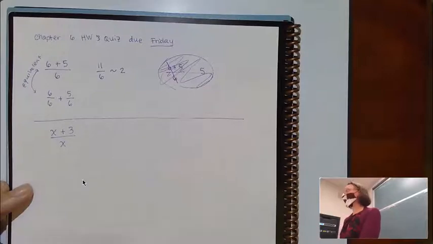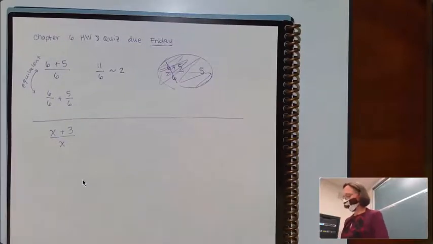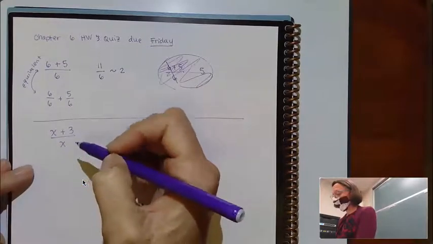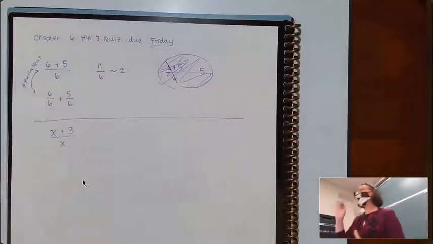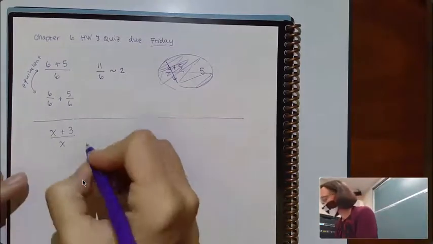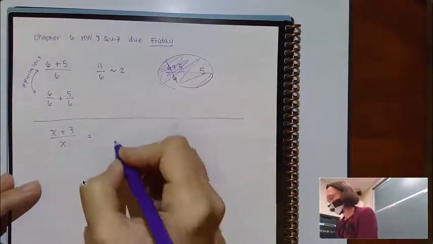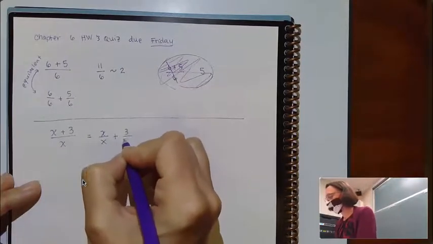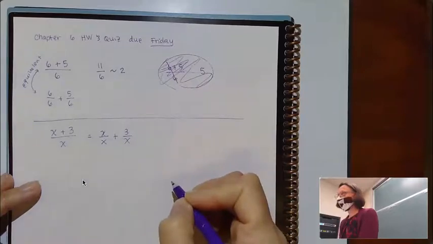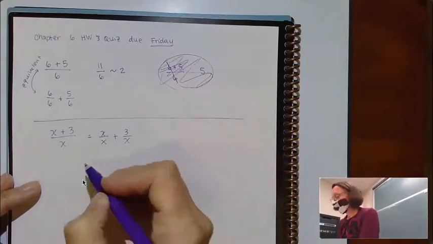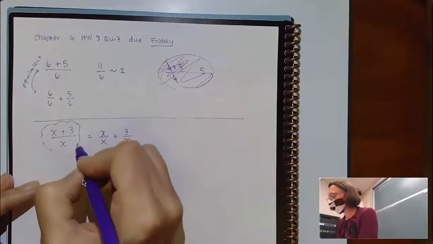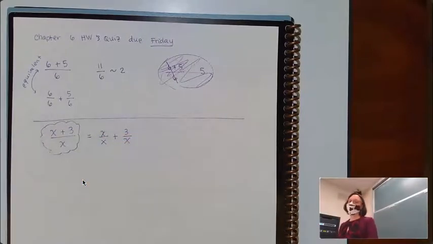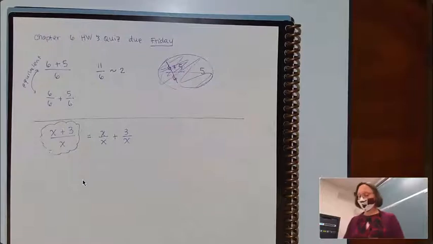If you really wanted to rewrite it in some way, we could look at that X on the bottom and say, this sort of came from getting a common denominator between two things that maybe look like X/X plus 3/X. That would be fine. But this, there just isn't a lot we can do with it. We're gonna leave it alone for the same reason that I can't cancel that 6 out when it's just numbers. Okay, good times, moving on.